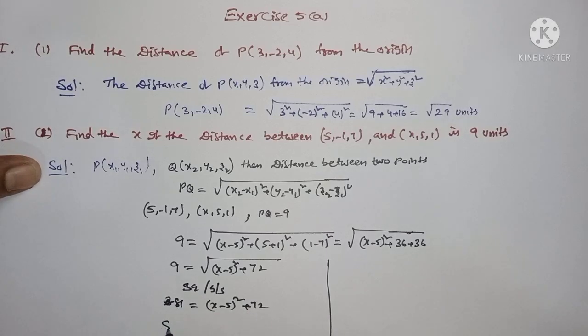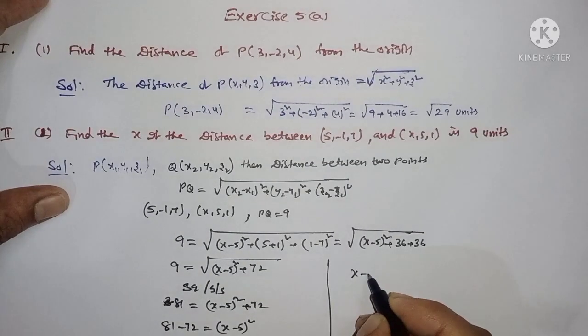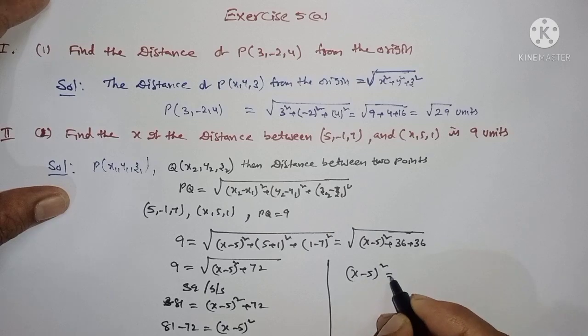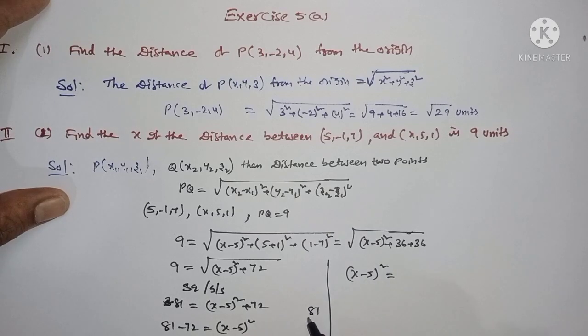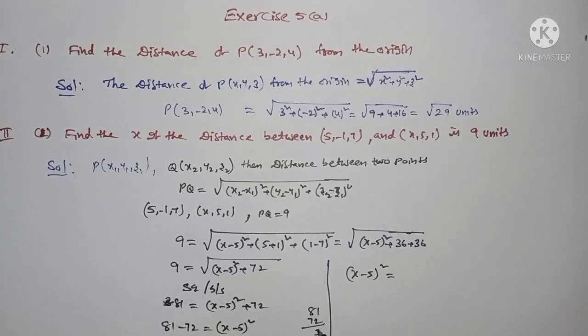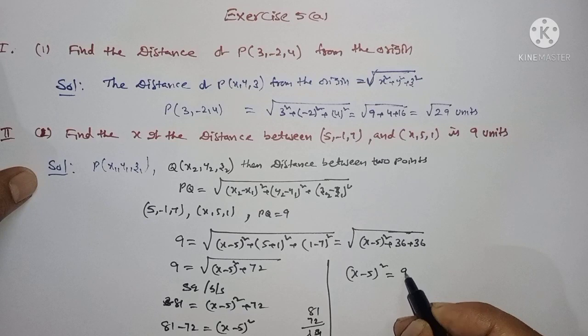You can bring this side, so that is 81 minus 72 is equal to x minus 5 whole square, or I can write x minus 5 whole square is equal to 81 minus 72, which is nothing but how much, that is 9 only.